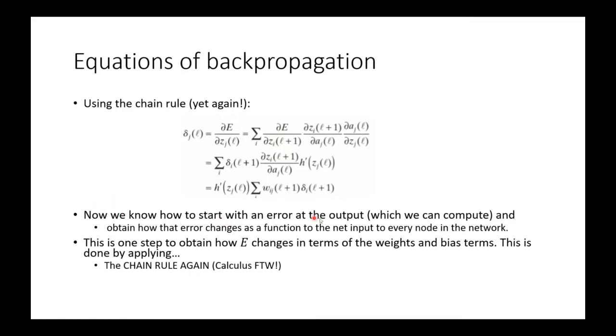Now we know how to start with an error on the output, which we can compute on the output layer big L, and obtain how the error changes as a function of the net input to every node in the network.